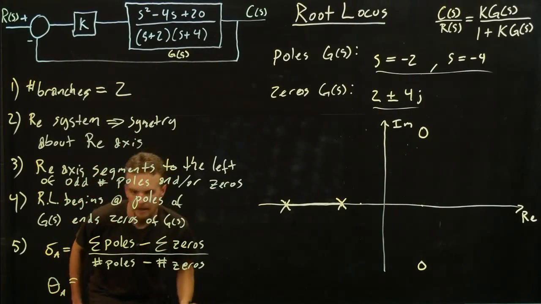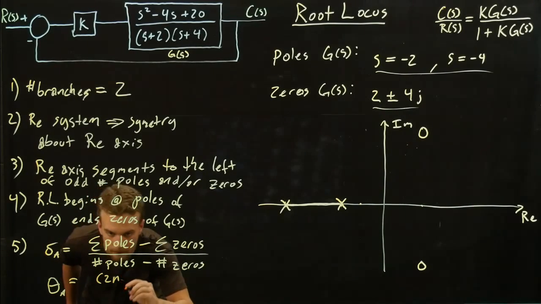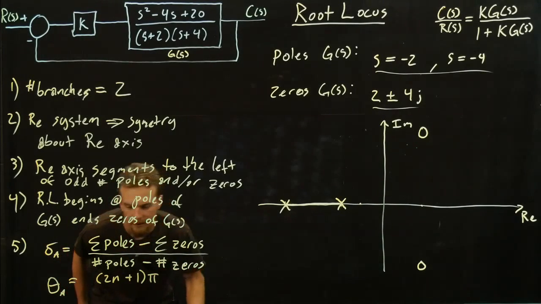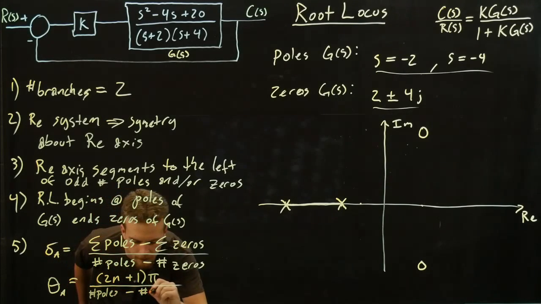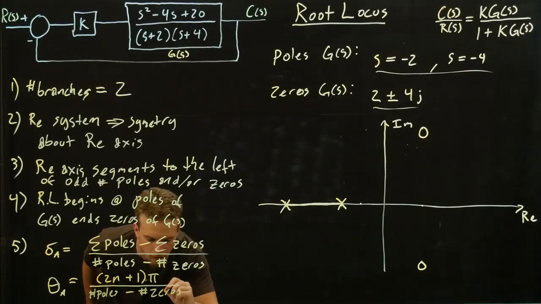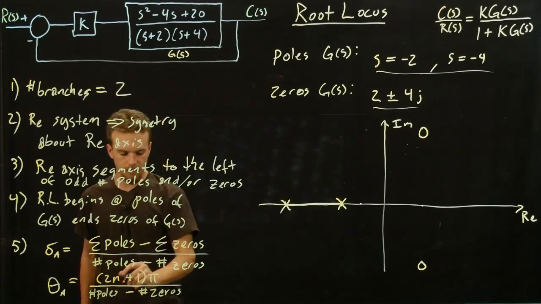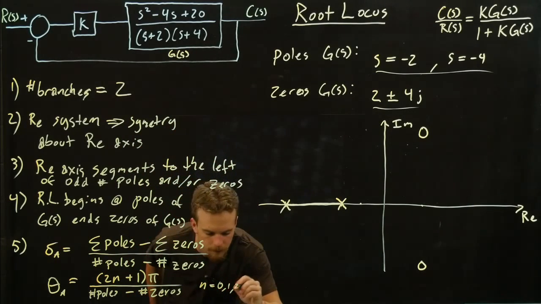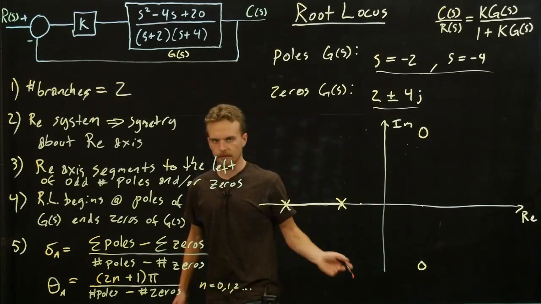So the angles they leave at would be 2 times n plus 1 times pi, over the number of poles minus the number of zeros, where n here is just integers. N would equal 0, 1, 2, and negative integers, all integers.